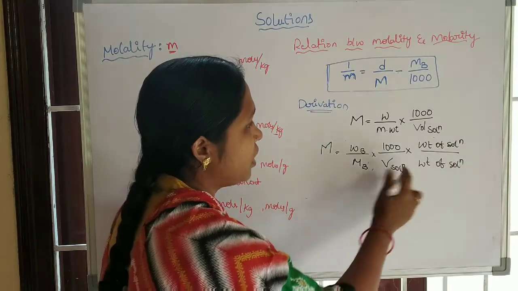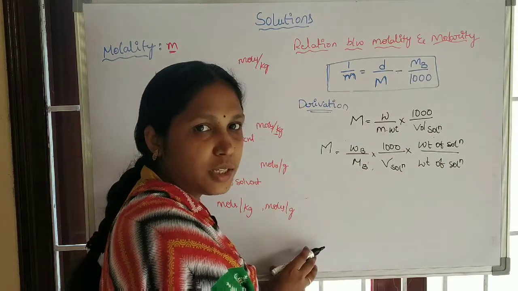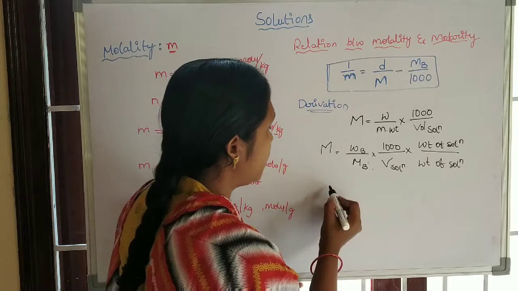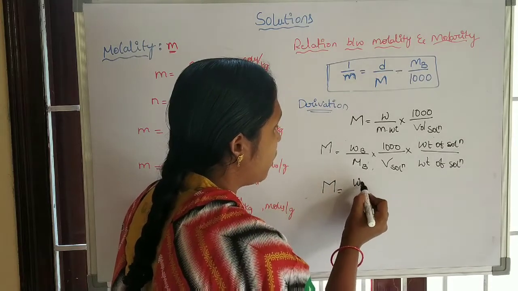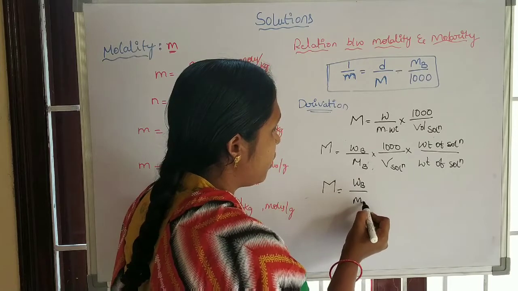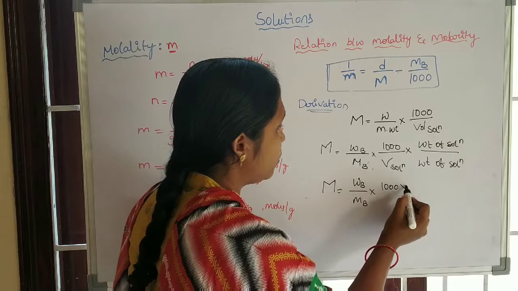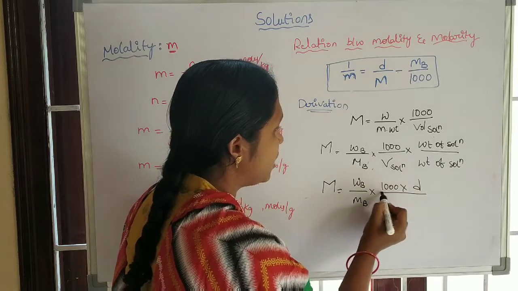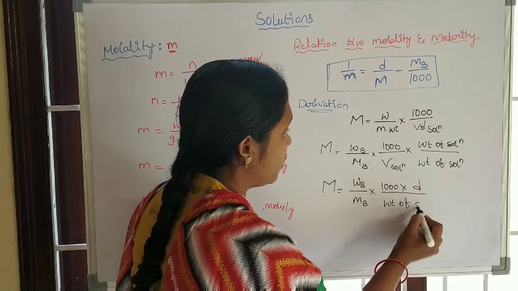From this, weight of solution by volume of solution is nothing but the density of solution. So write down molarity equal to weight of solute by molecular weight of solute into 1000 into density divided by weight of solution.